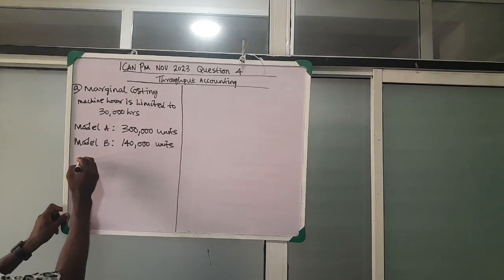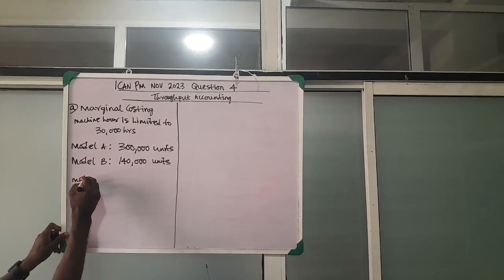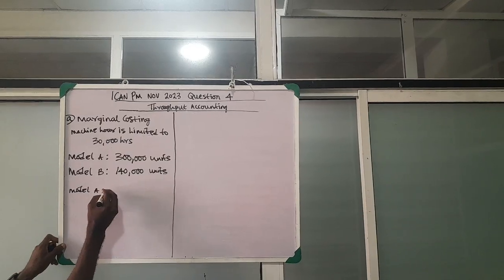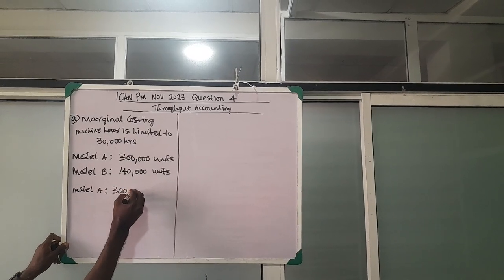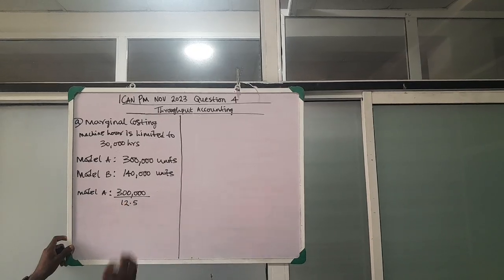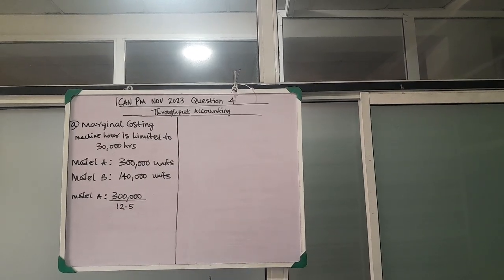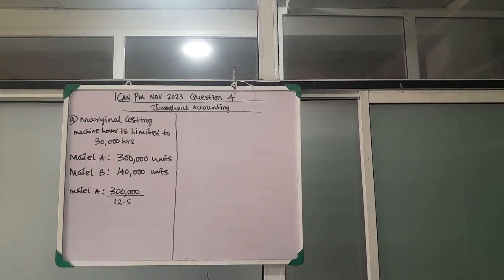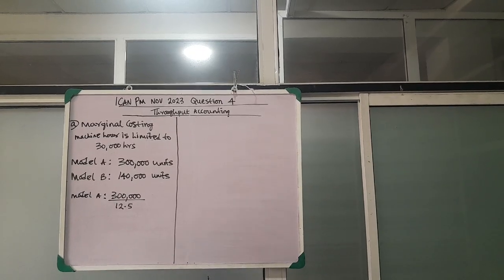So I will divide for model A: 300,000 units divided by 12.5 units per hour, which is provided in the question. That will give us 24,000 hours.